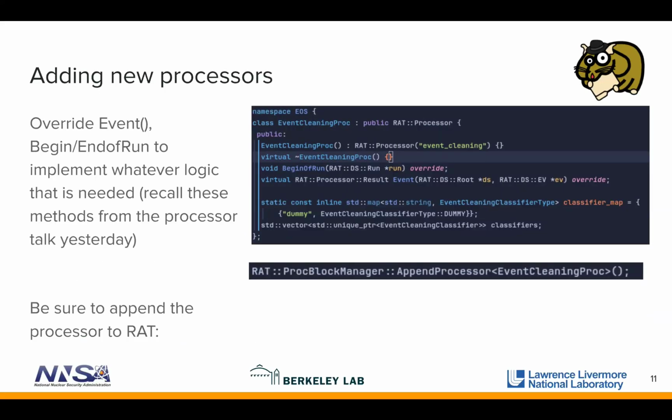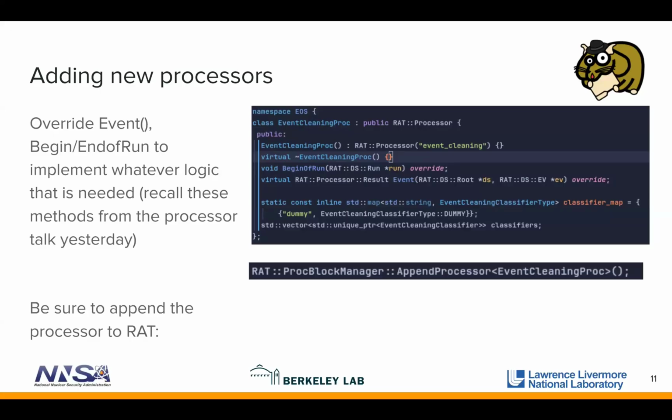Yes, you can also add new processors, which could be useful. It is relatively straightforward to create a new processor. It's very, very similar to creating a new processor in ratpac-two itself. You need to override the event or DS event methods, begin and end of run, like Sam described yesterday, to implement whatever logic you want the processor to actually do.